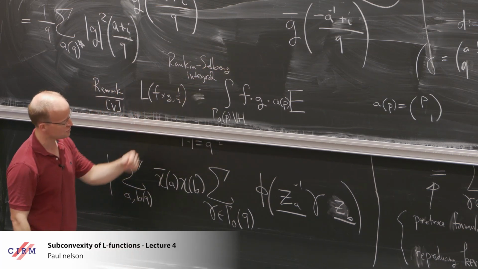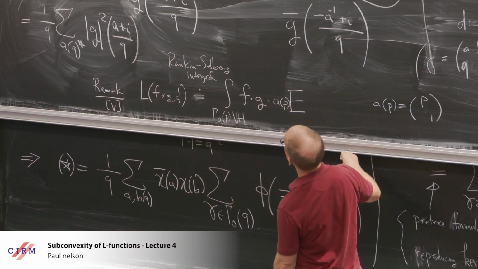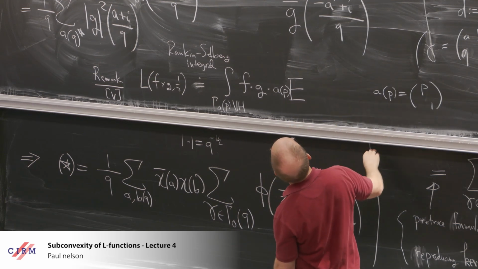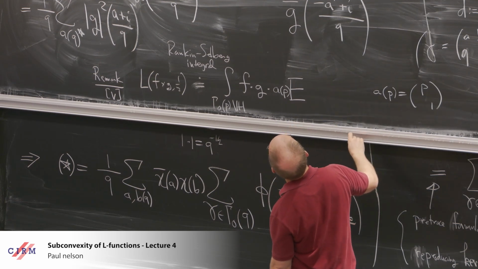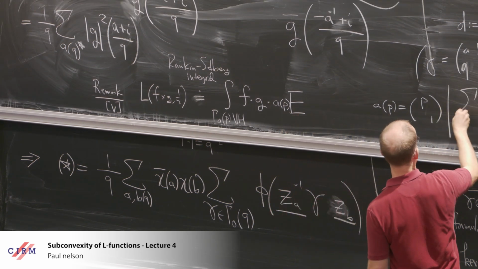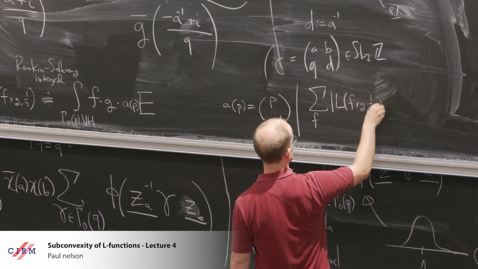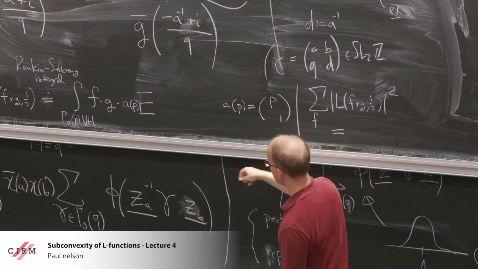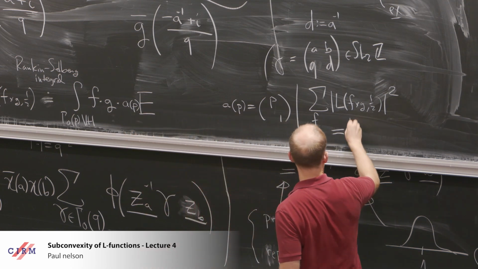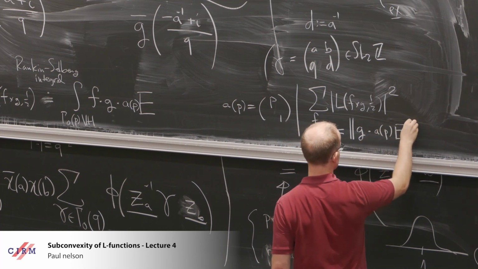So this is some integral representation of this thing, which then tells you by Parseval that the thing that we wrote down on the top board, that I didn't give a name, the sum over f of L of f times g 1/2 squared, you can understand as an application of Parseval to compute the L2 norm of g times a of p e.